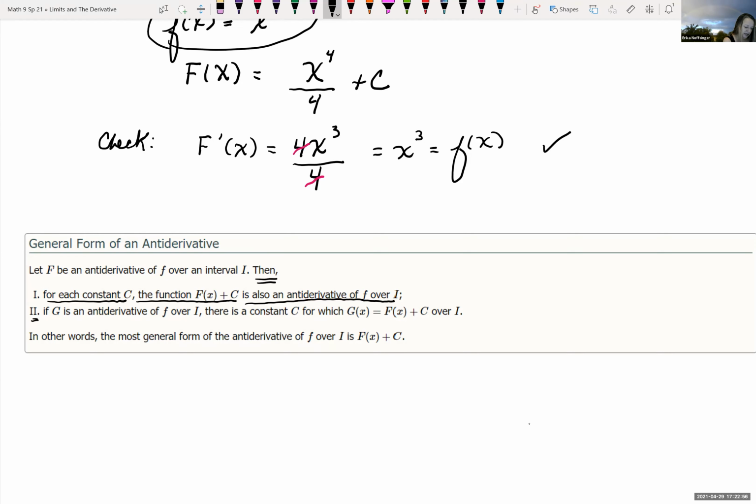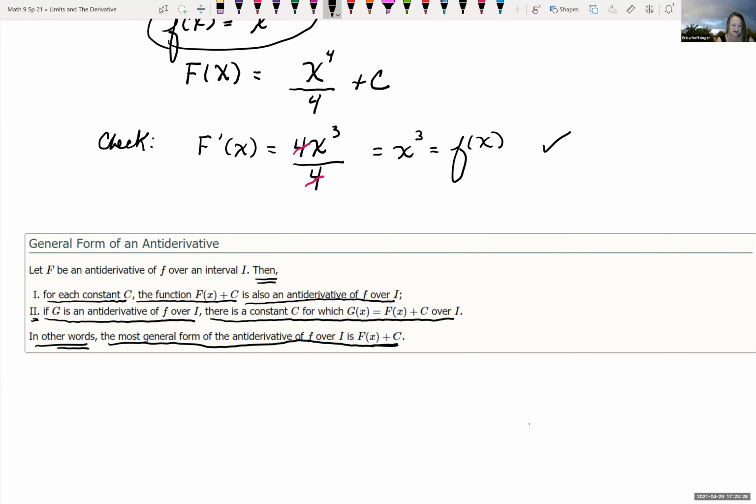2, if g is an antiderivative of little f over I, there's a constant c for which capital G of x equals capital F of x, the antiderivative of f of x, plus c over I. In other words, the most general form of an antiderivative of f over I is the antiderivative of f of x plus c.